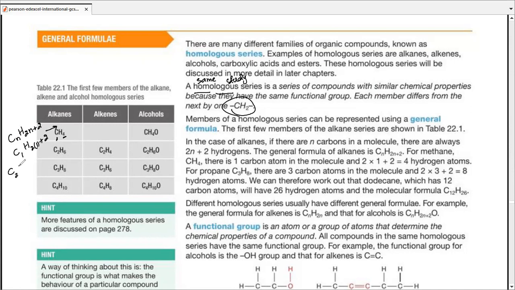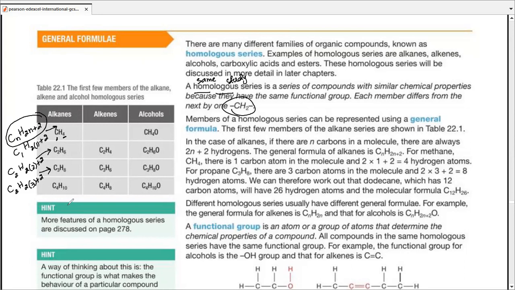If C is equal to 2, H is 2 into 2, plus 2, so that is actually C2H6. If C is equal to 3, H is 2 into 3, plus 2, which is actually C3H8. Get the point? So general formula is a formula which can represent an entire series.